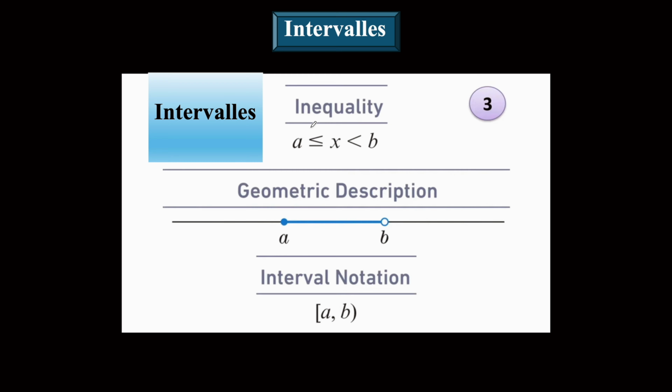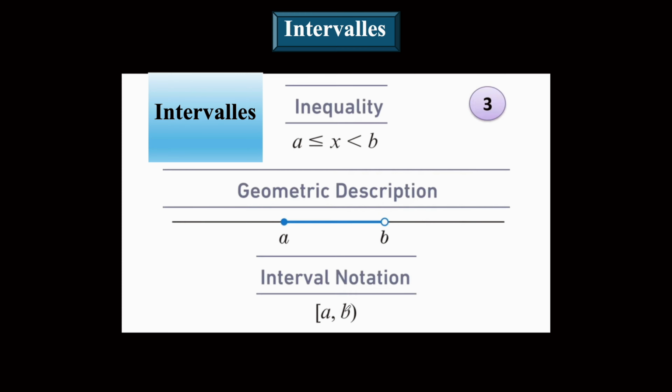Let's see this one also. a is smaller or equal to x, x is strictly smaller than b. So the geometric description for that: since we have equal here, a is smaller or equal to x, this means a is included. Until b we don't have equal, so b is excluded.